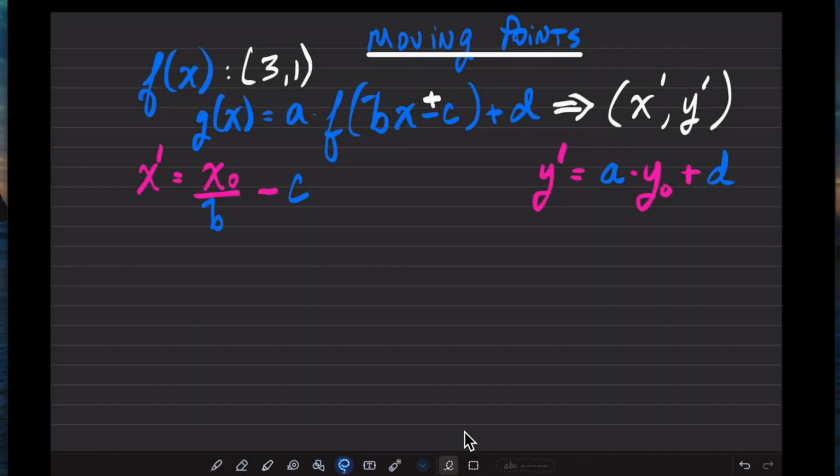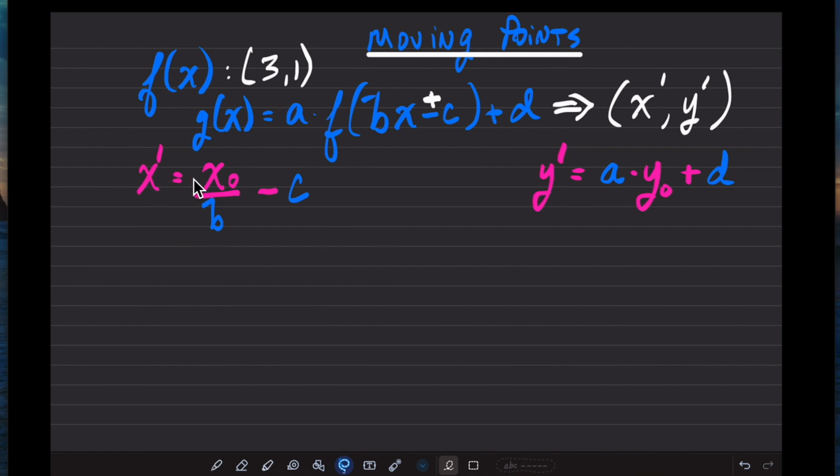Next, we're going to talk about moving points during a transformation. So if we're given a point that's located on f of x of (3, 1), we're going to do a transformation, g of x, and we're going to have new points, x prime and y prime. This is totally different than everything we've done up until this video, and we're going to use these two formulas.